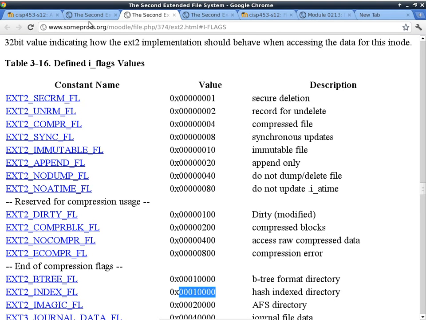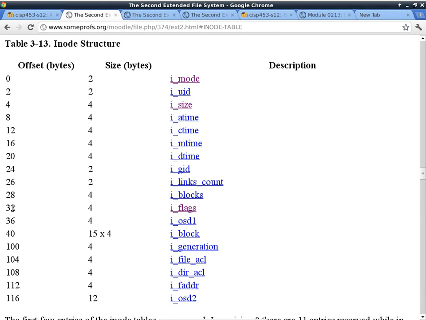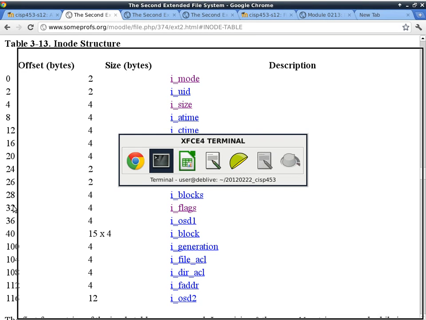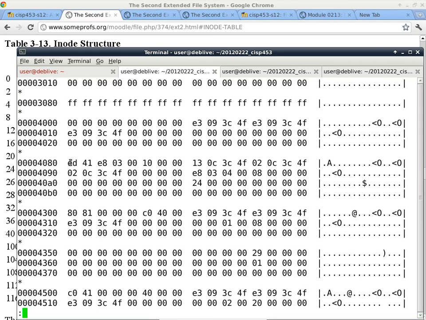And it is at offset what again? Offset 32. Okay, 32 in decimal is 20 in hexadecimal. So we can switch back to our dump again and look at 20. Well, we'll have to add 20 to it. This is the second entry, so we are looking at these 4.